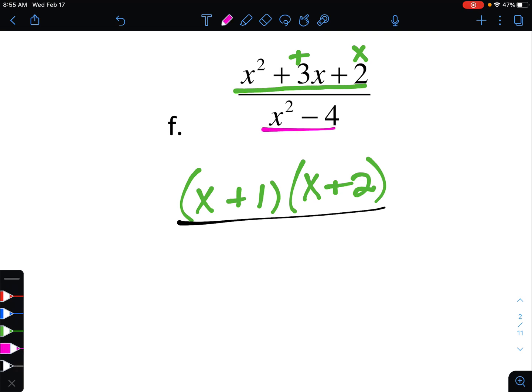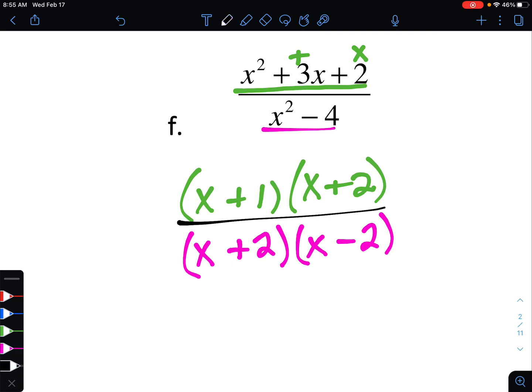As for our denominator, x squared minus 4, we've already factored this. In fact, this was our warm-up example. But notice that it is also a difference of squares. So our two factors are going to be x plus 2 and x minus 2.